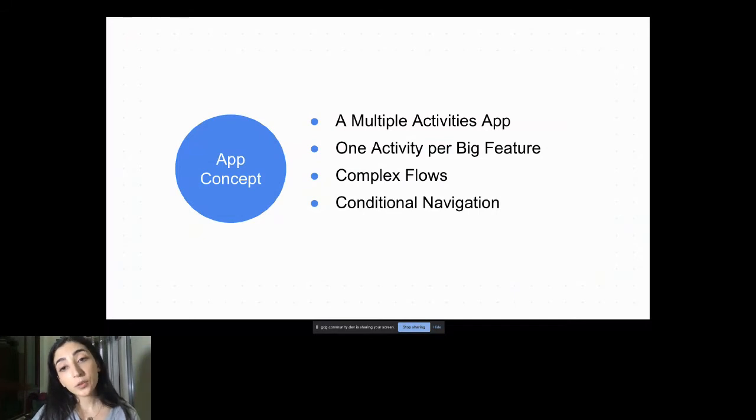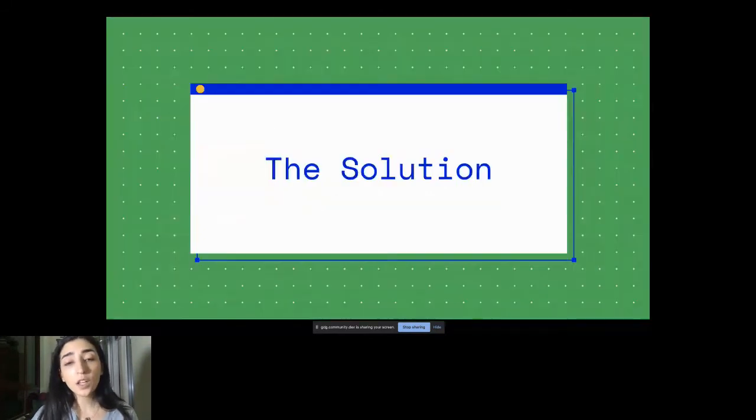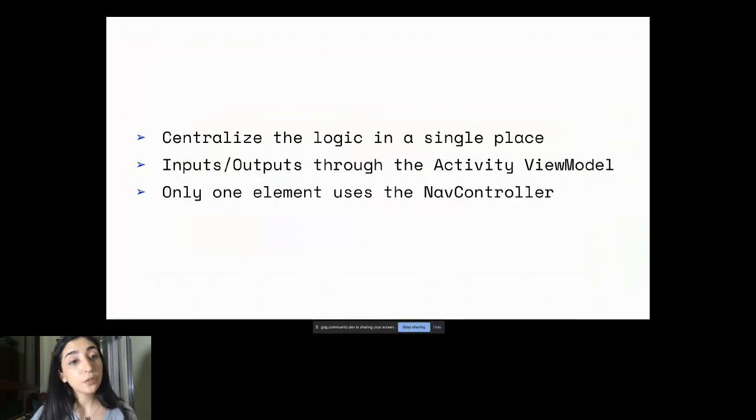So we had to find a solution in order to have clean and maintainable code. So we set some rules to be followed in order to maintain this code. What we decided was that first, we need to centralize the logic in a single place, of course, per feature, or it can be on the app level.